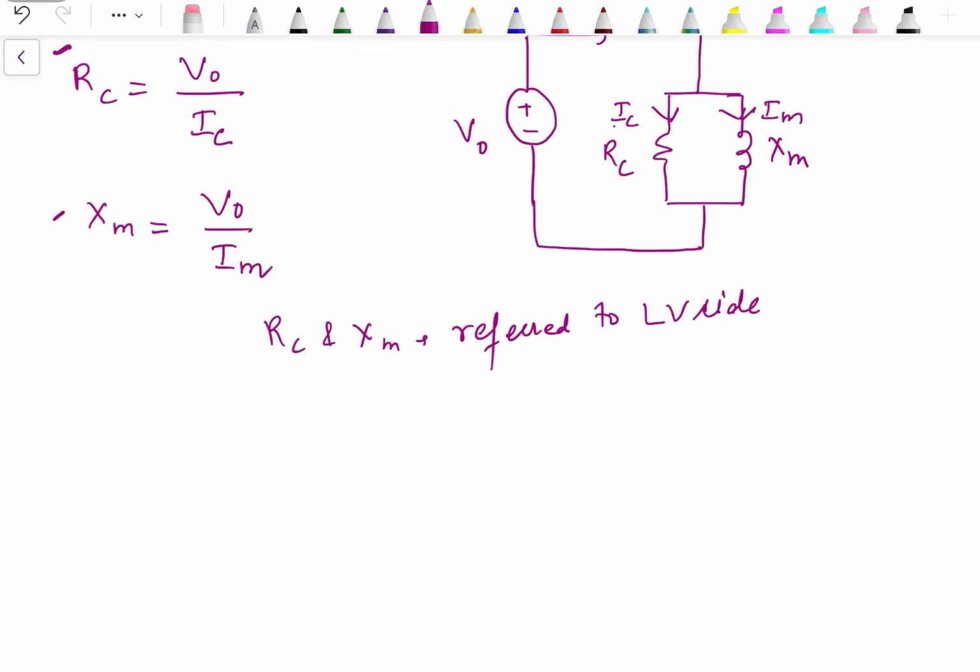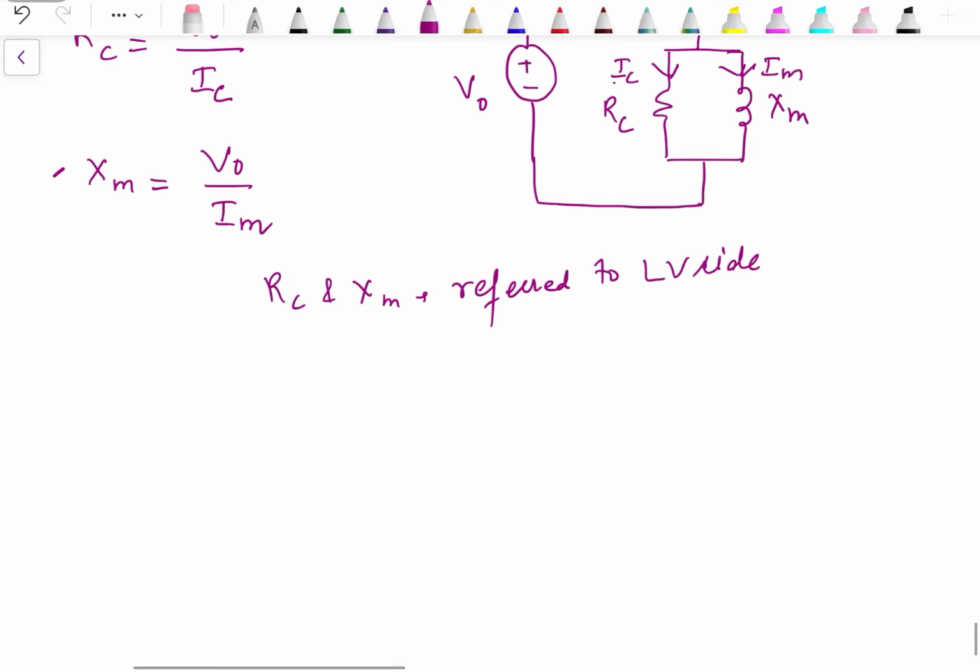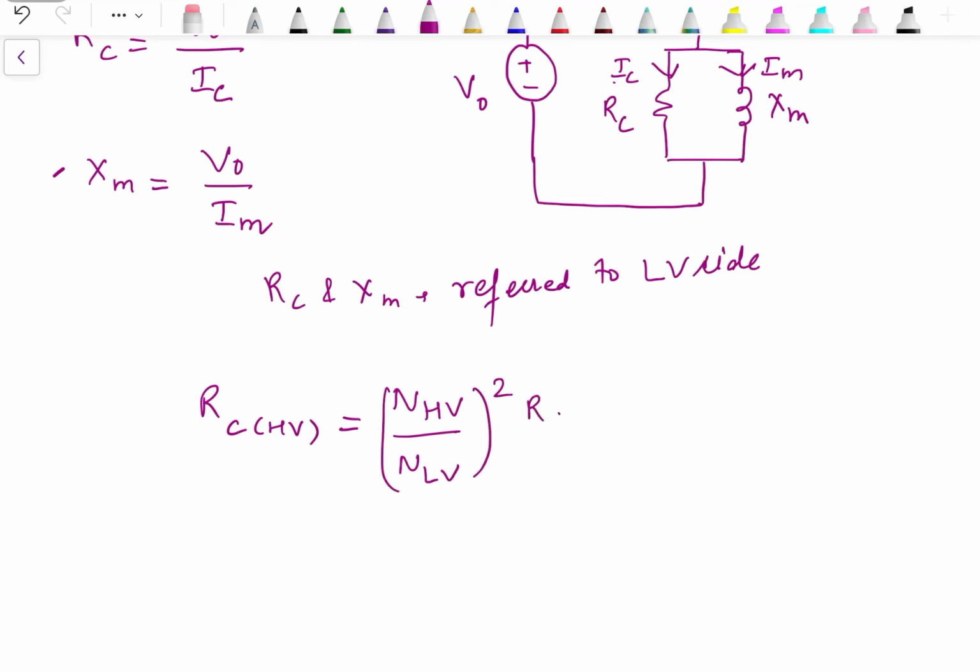So if we have to calculate them on the high voltage side, then RC on the high voltage side will be equal to NHV upon NLV, whole square, into RC on the LV side.